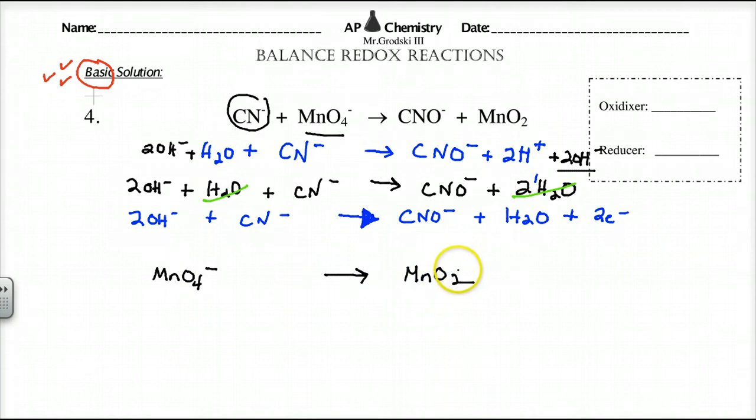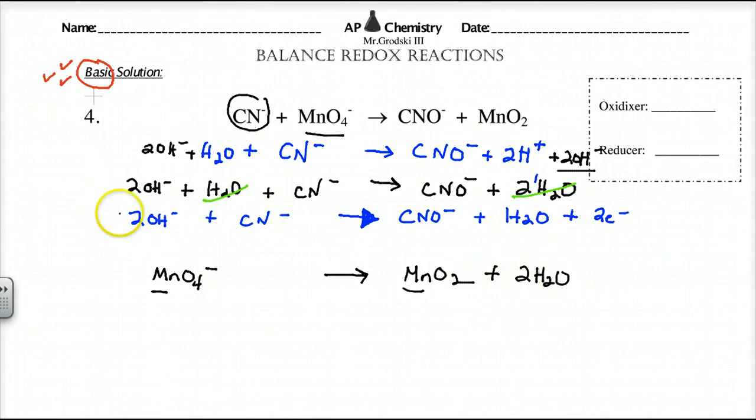All right. What am I looking at? Well, I'm looking at a negative and a positive, but more importantly, I have one Mn and I have another manganese. So that's okay, but the oxygens are not balanced, so I have to add 2 waters here. That gives me the 4 oxygens on both sides.